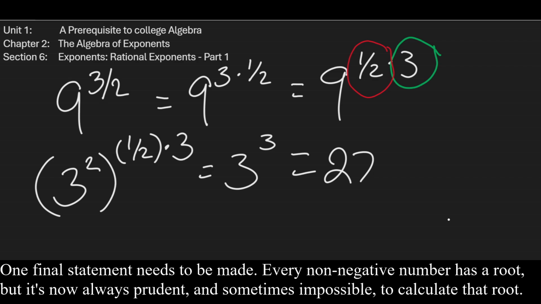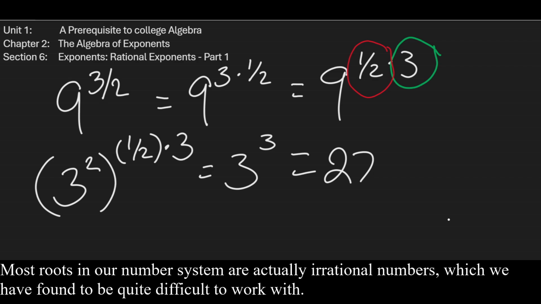Every non-negative number has a root, but it's not always prudent and sometimes impossible to calculate that root. Most roots in our number system are actually irrational numbers, which we have found to be quite difficult to work with.